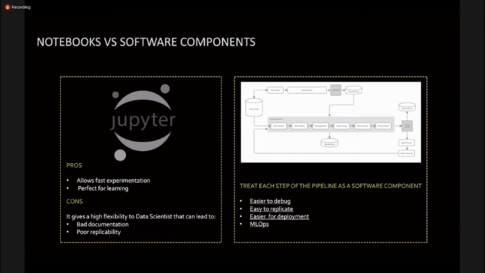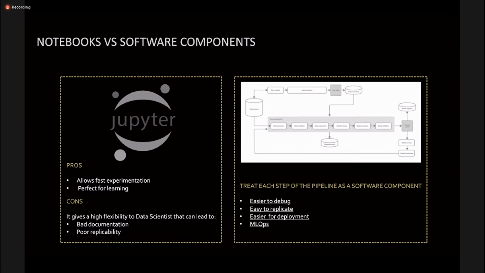Then there is notebooks versus software components. So as data scientists, we all learn by notebooks. Notebooks are by far the best thing when you are learning data science. They allow fast experimentation. They are just perfect for learning.